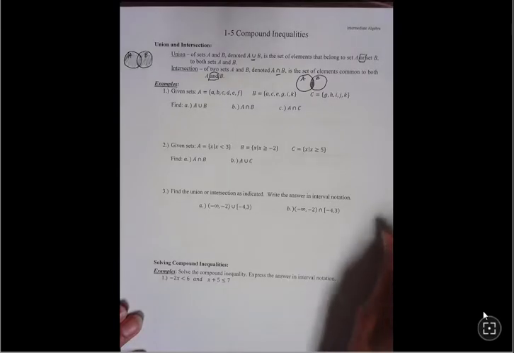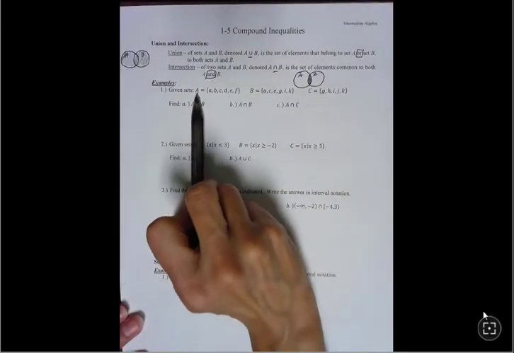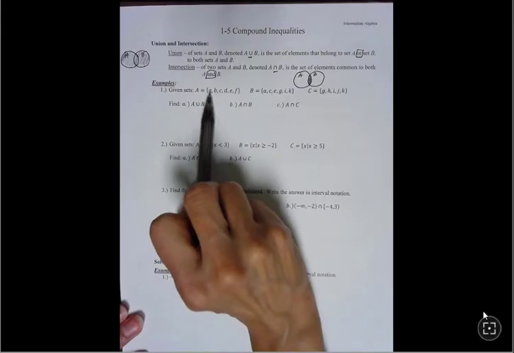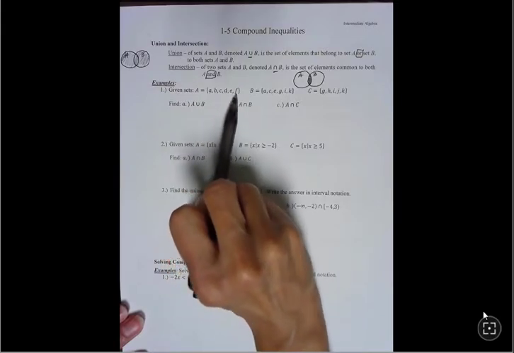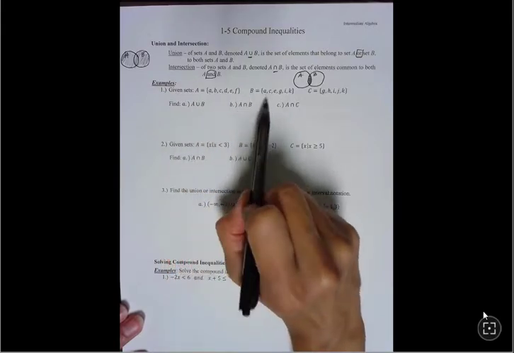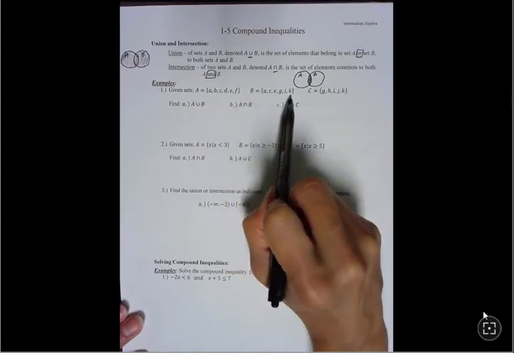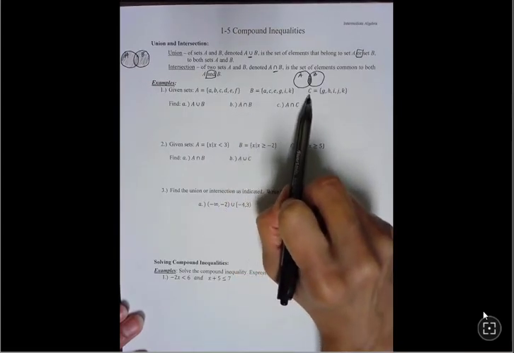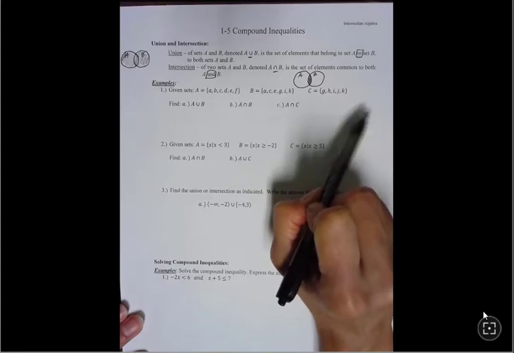Okay, so let's take a look at an example. I have three sets given here. Set A, which contains the lowercase letters a, b, c, d, e, f. Set B, which contains lowercase letters a, c, e, g, i, k. And set C, which contains lowercase letters g, h, i, j, and k.